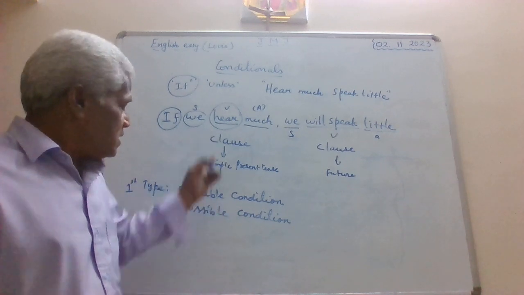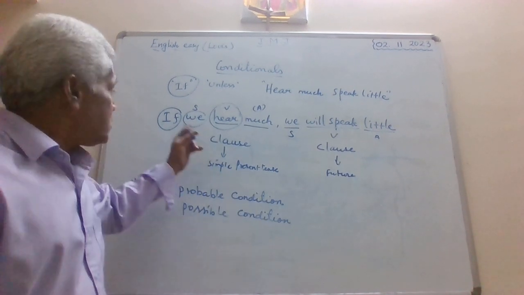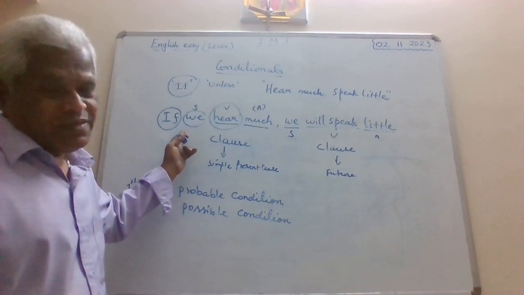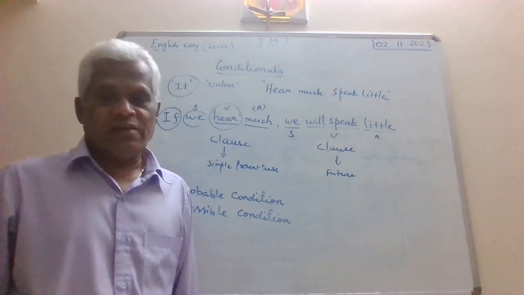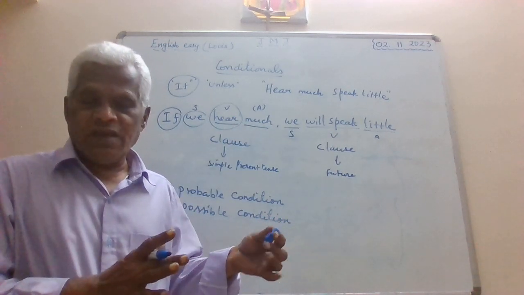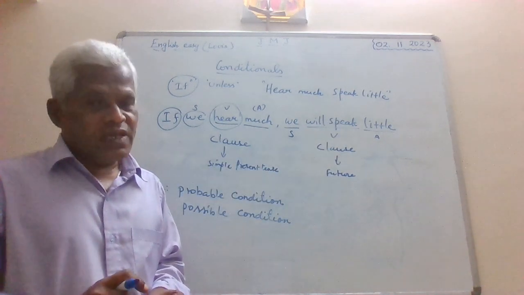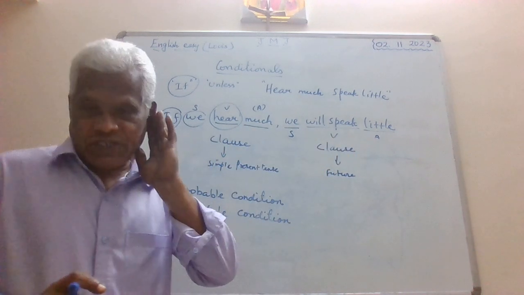Why do you say that this is a probable or possible condition? This is because, what is the meaning of the sentence here? If we hear much, we will speak little. So the idea behind this, when can we speak little? When we hear much.